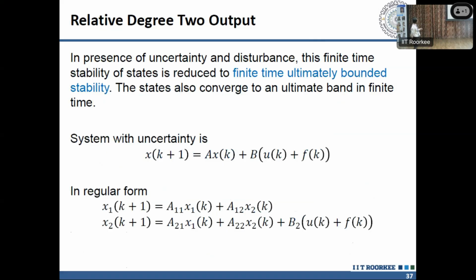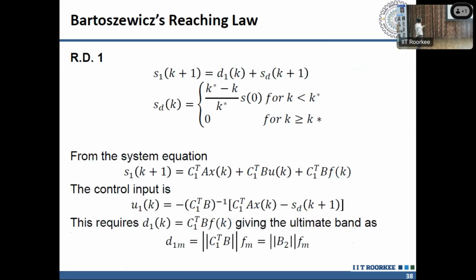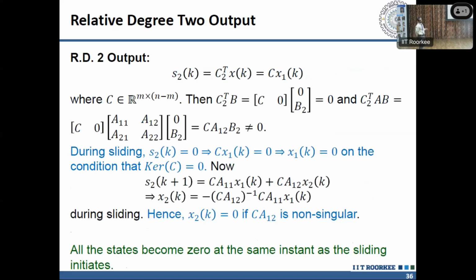So this is the model with the disturbance, and in the regular form it will come to this, and the same analysis, a similar thing you can do, and there will be some band coming up. That I have not shown here, and I am simply going ahead to see what the reaching laws are, because this is the analysis of the system when it is sliding. This analysis we have to do always at the beginning.